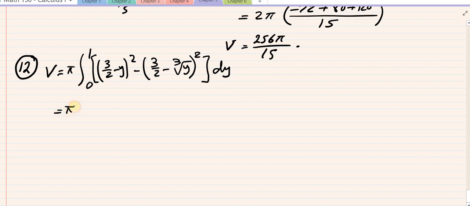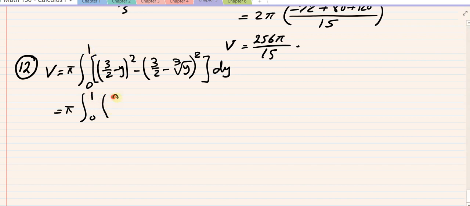Okay, so the volume is going to be pi, 0 to 1 of, we actually have to square these.